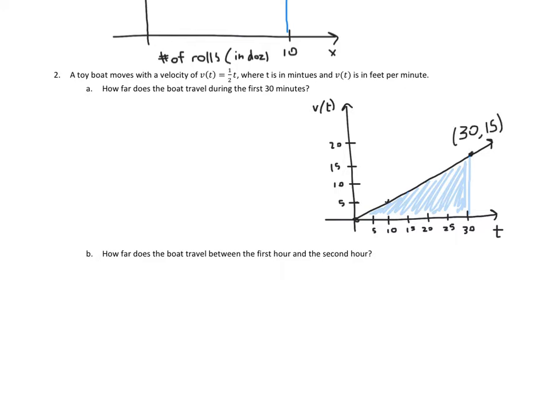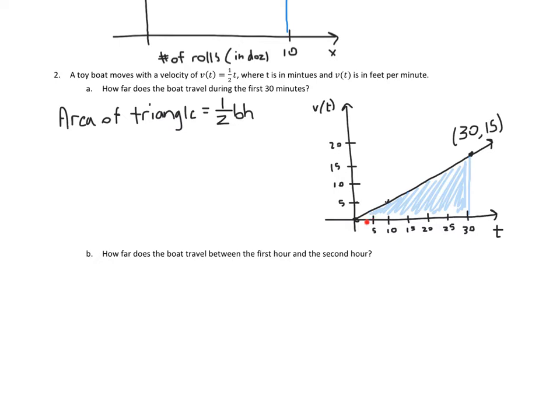Now when t equals 30, our velocity is 1/2 times 30, which is 15. So the point (30, 15) is a point on the velocity function, and we can use that to help us calculate the area of the triangle that is formed. Recall that the area of a triangle is 1/2 base times height. Here our base is equal to 30.